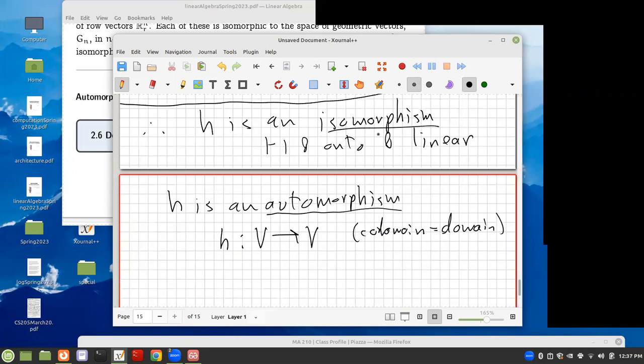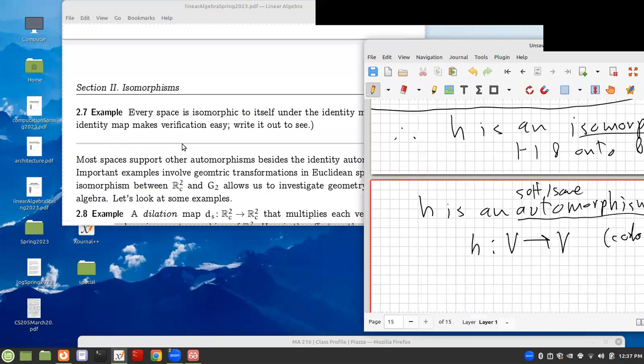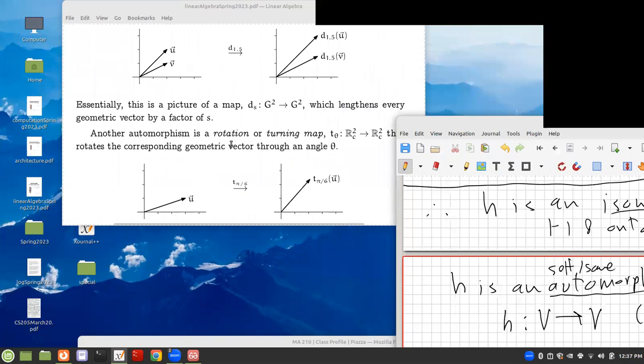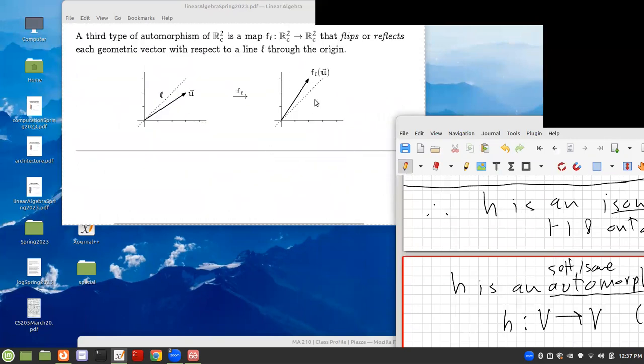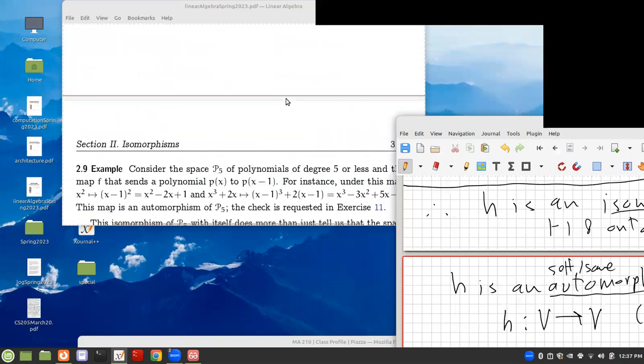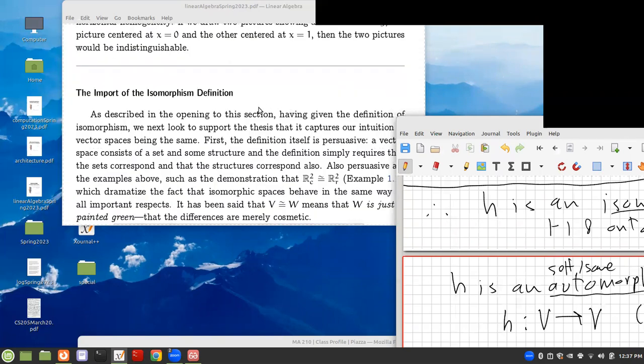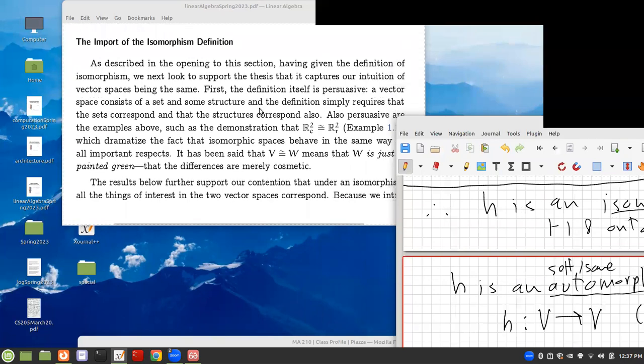That's what distinguishes an automorphism. An isomorphism could be between different spaces that aren't the same space, but an automorphism means self or same. There are some important examples of automorphisms, basically linear transformations of vectors in the plane. There's a geometric aspect of rotations and other things, so automorphisms are important in graphics and similar areas.